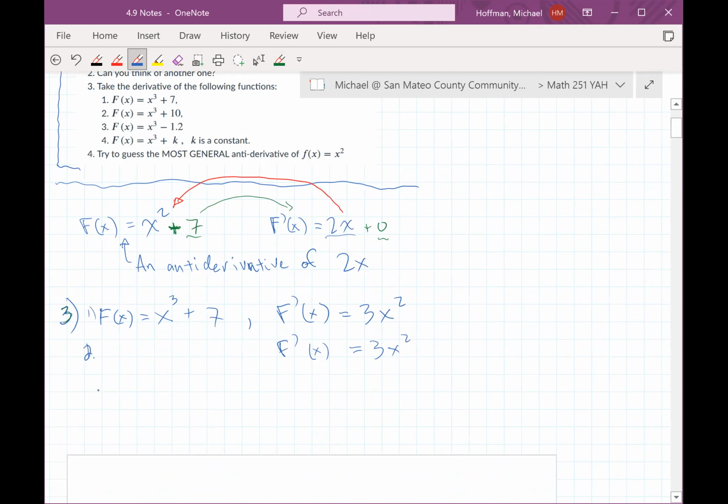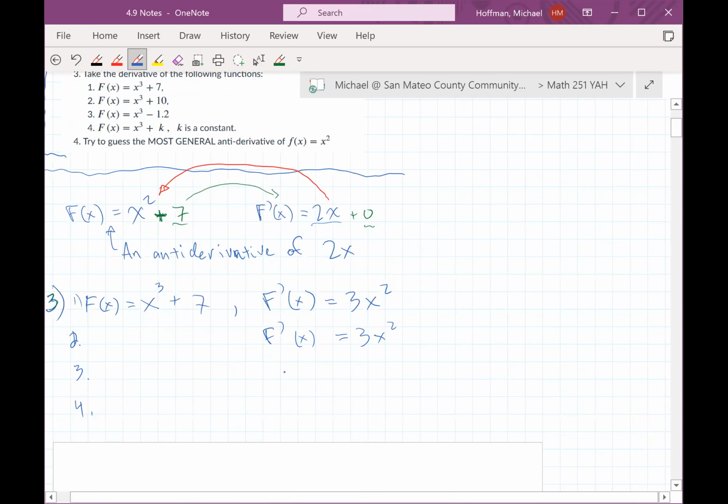All of these different functions have the same derivative. And at this point, if you see a pattern, you can guess the most general antiderivative of some other basic function.